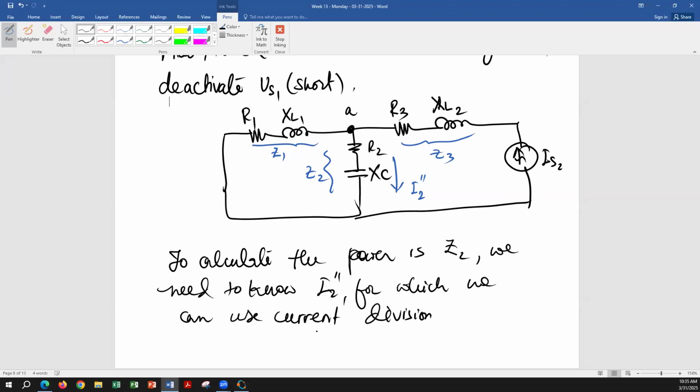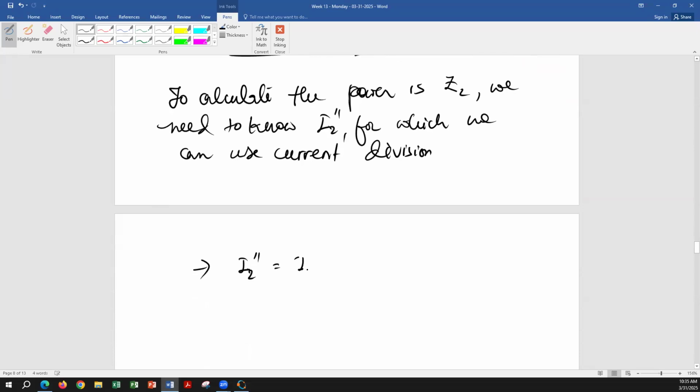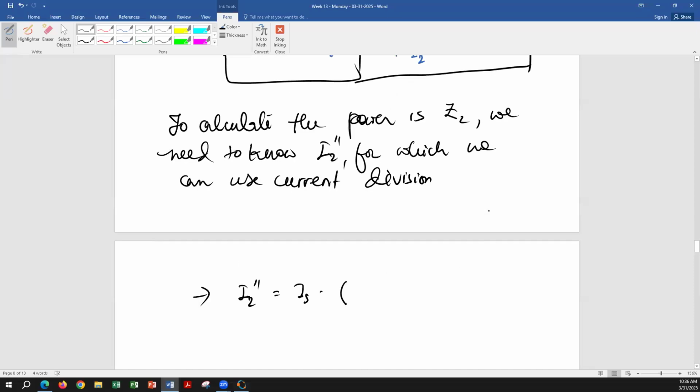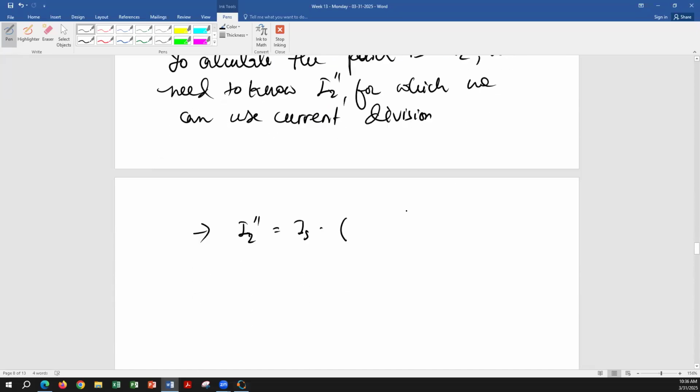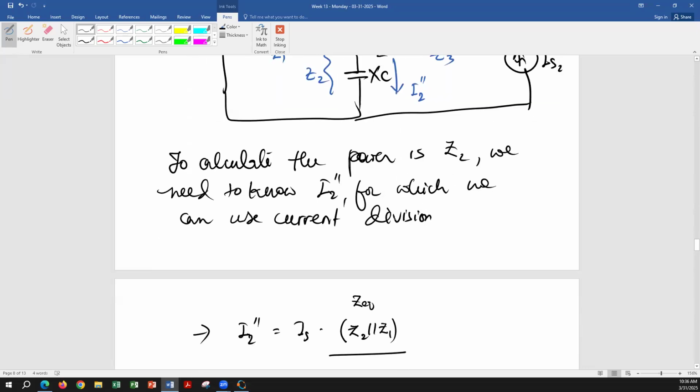So our equation is simply total current times whichever impedance are connected in parallel through which the total current is being divided. In this case, we have two impedances connected in parallel, which are Z2 and Z1. The parallel combination of Z2 and Z1, that is the equivalent Z, divided by the impedance through which we are trying to figure out the current, which is Z2.